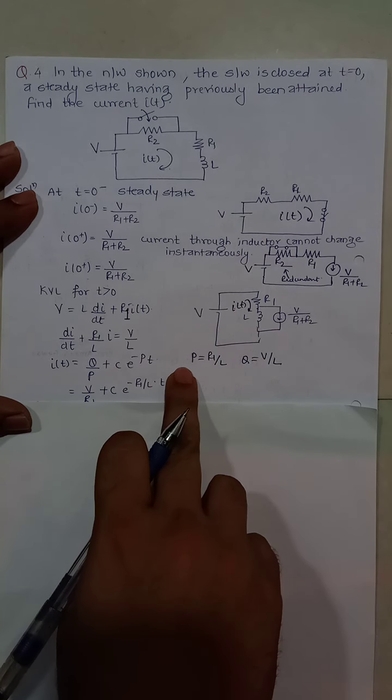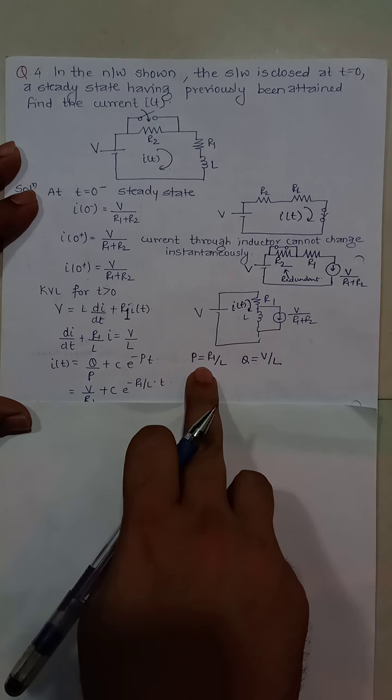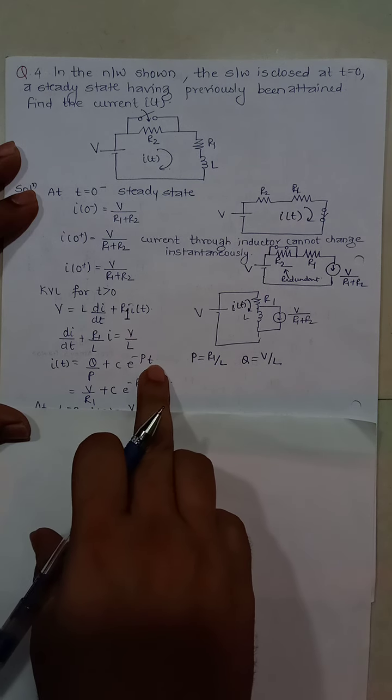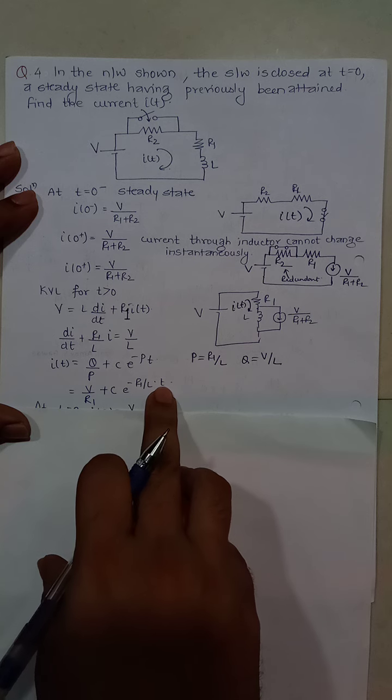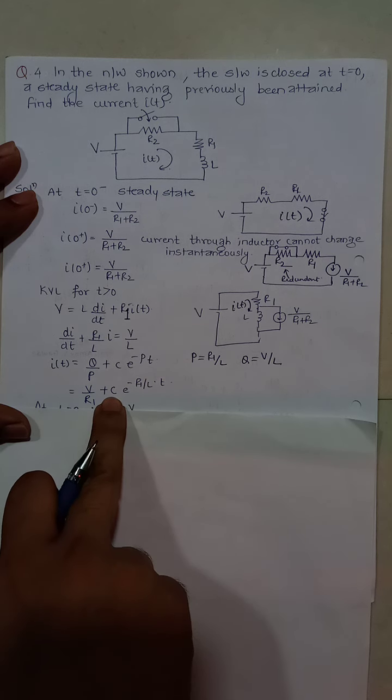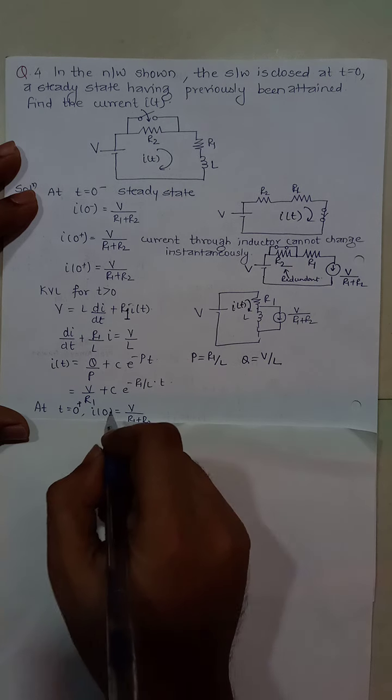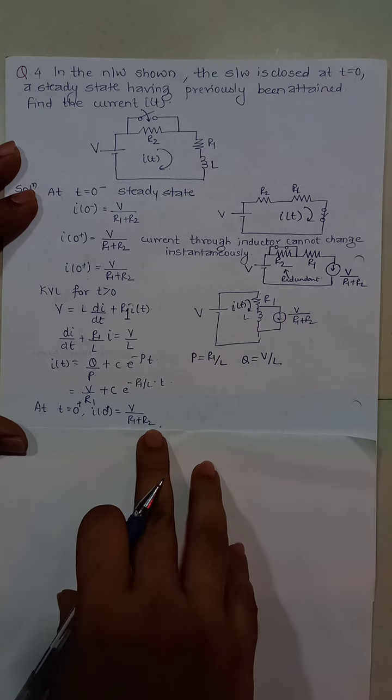So Q upon P will be V by L upon R1 by L. So you'll have i equals V by R1 plus C e raised to minus Pt, that is minus R1 by L into t. So you need to find C now. So at t equals 0 plus, i of 0 plus is V upon R1 plus R2.